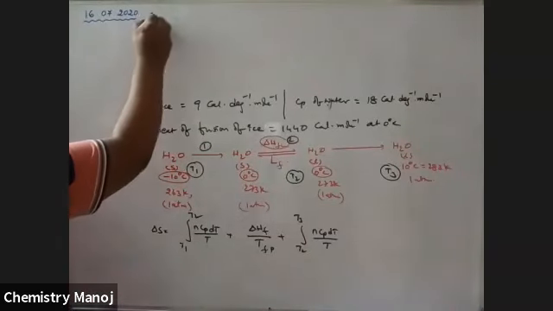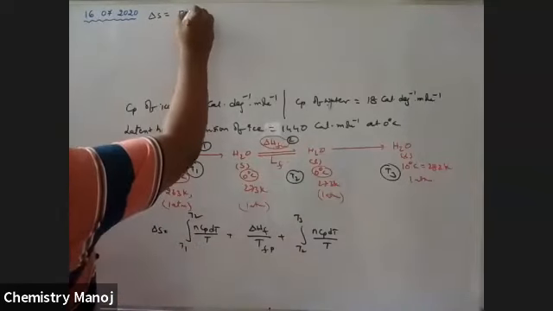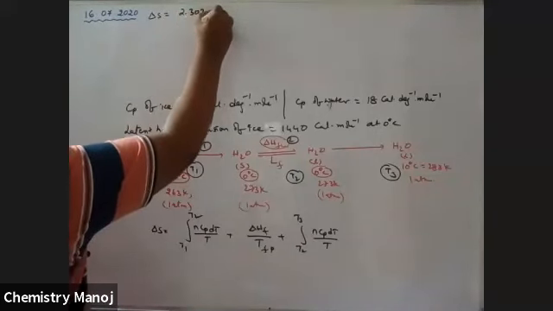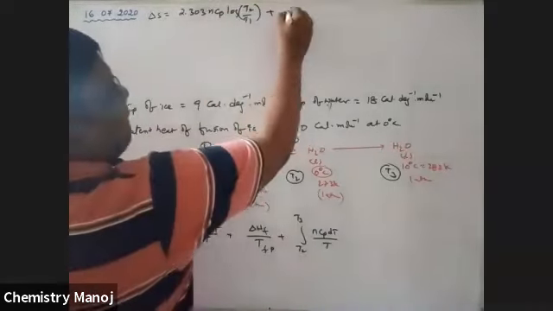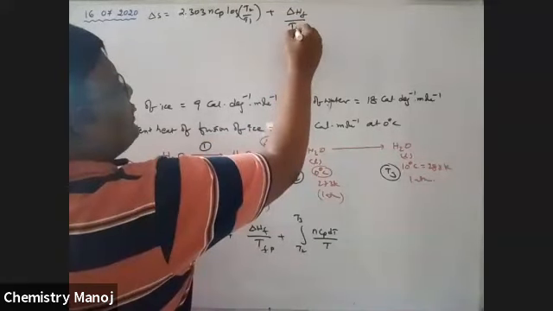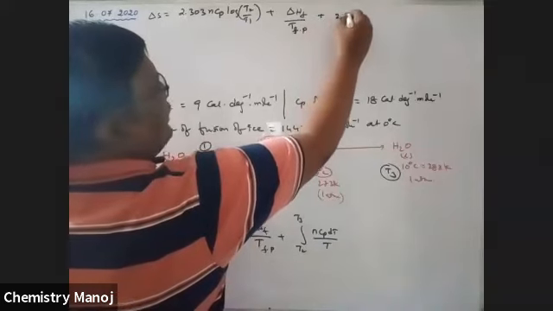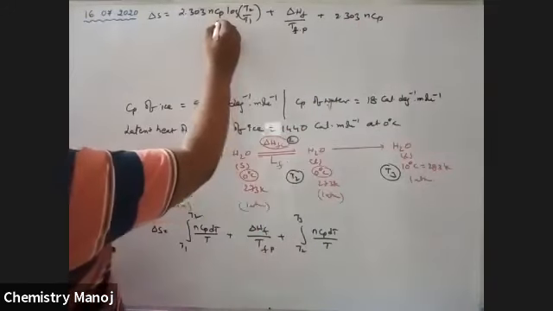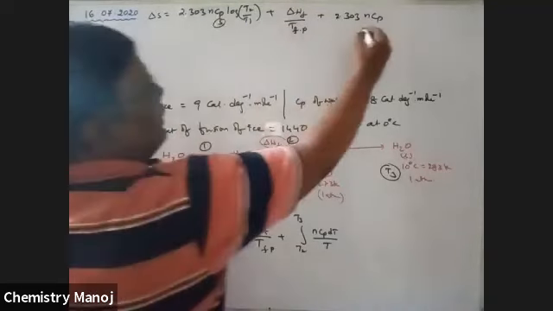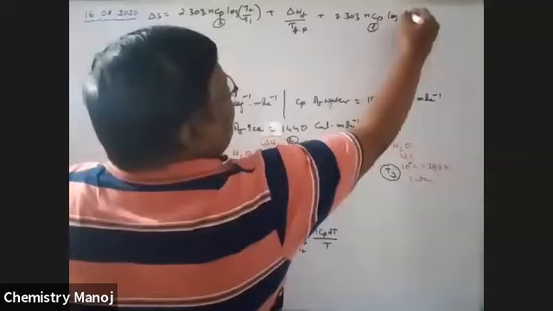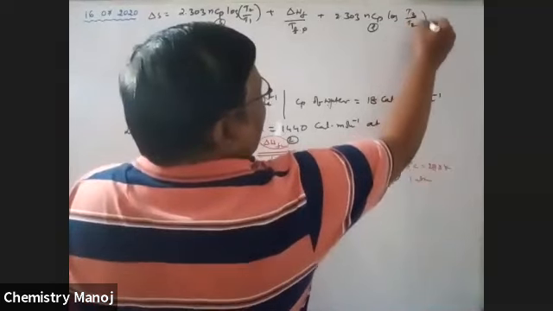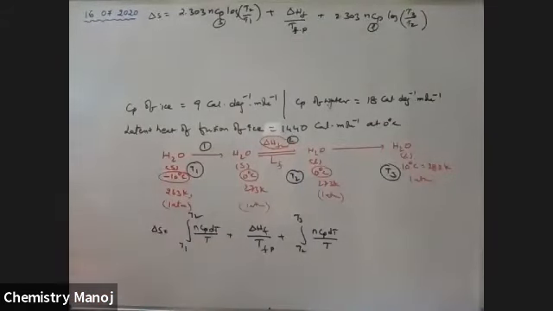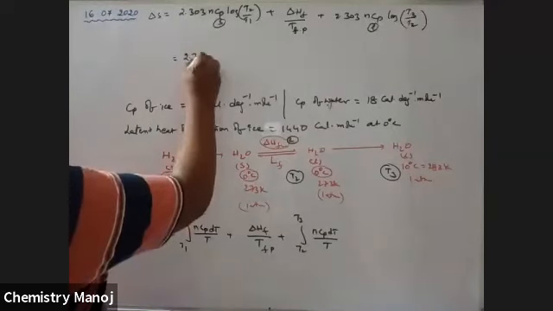This is delta S is equal to 2.303 nCp log T2 by T1, plus delta H fusion by T freezing point, plus 2.303 nCp, for liquid this time, log T3 by T2. Apply the values.